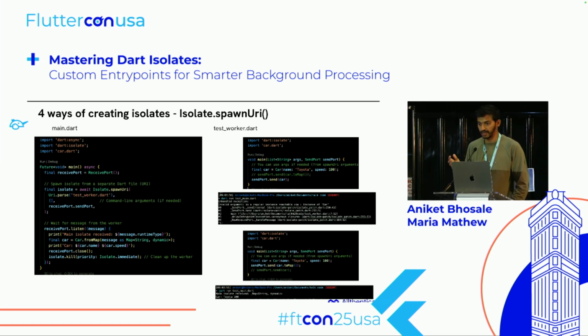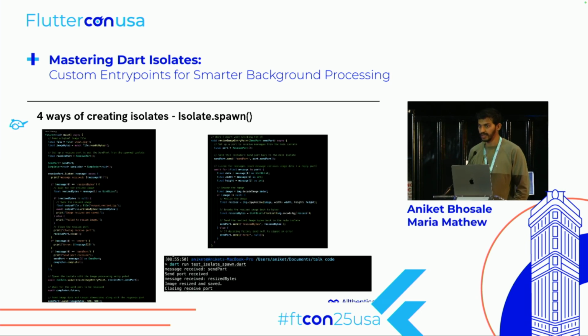But if I were to send a map representation of it by calling car.toMap, which just makes a Map<String, String>, and then send that over to the other isolate, that's going to work just fine. So if you spawn an isolate via spawnUri, you're going to have to use native Dart types, not your own custom data types.